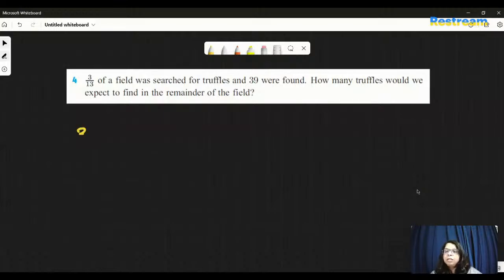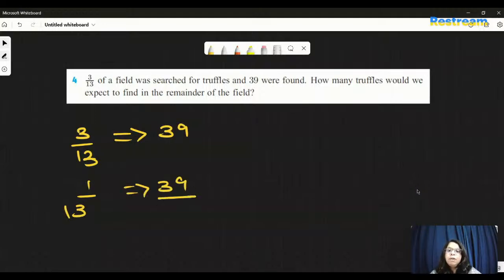Now we know that 3 by 13 corresponds to 39. So 1 by 13 will correspond to 39 divided by 3, which is 13 truffles. So in 1/13th of a field, you are going to find 13 truffles.